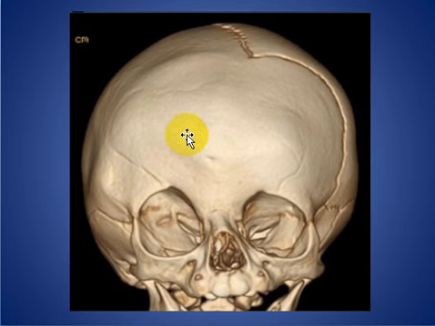So this is unilateral coronal suture synostosis, and this is the sagittal suture. This is the 3D skull image.